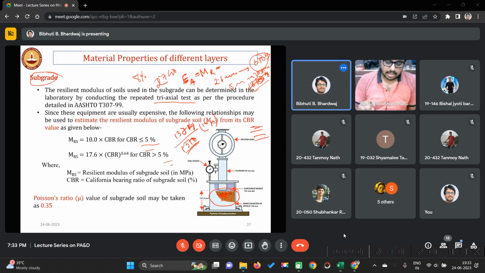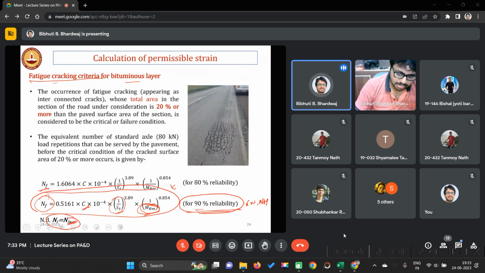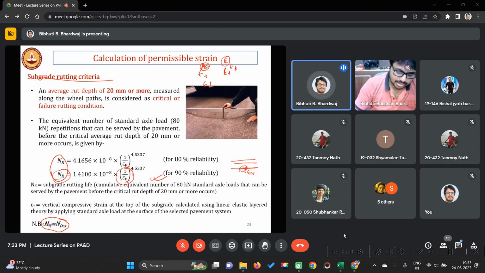Anyway, so the thing is we need elastic modulus or modulus of subgrade reaction, because you know that in order to find out the allowable, you used these formulas. This one gives the allowable for fatigue, this one gives the allowable for rutting.